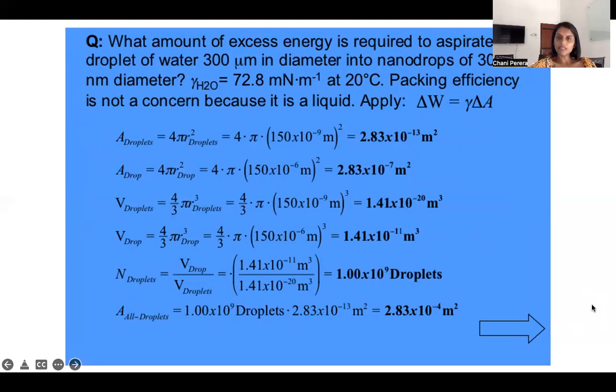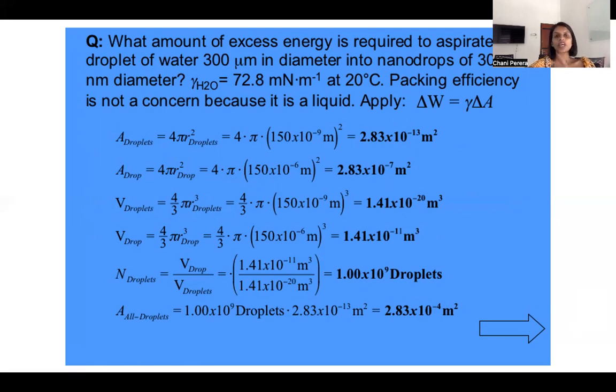What amount of excess energy is required to atomize a droplet of water, whose diameter is given as 300 micrometer? What you will have to do is atomize it into nano drops of 300 nanometer diameter.